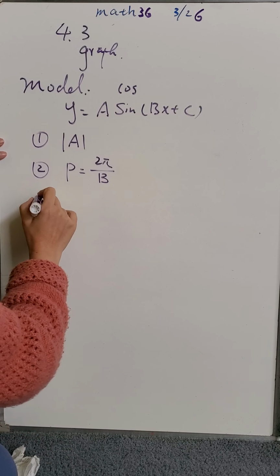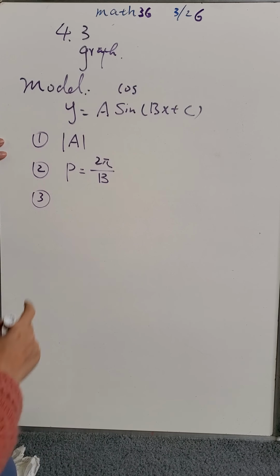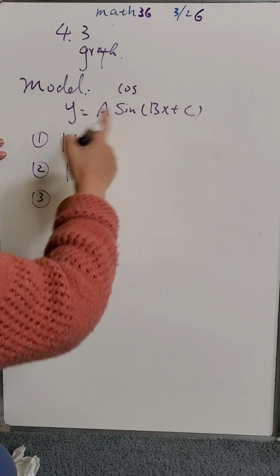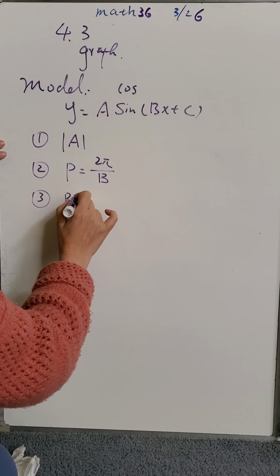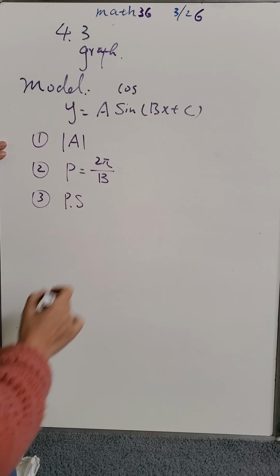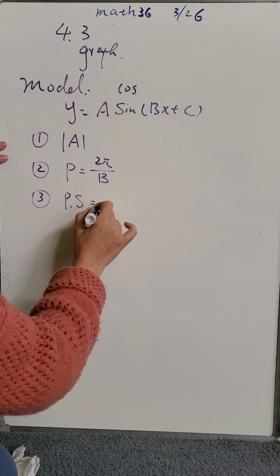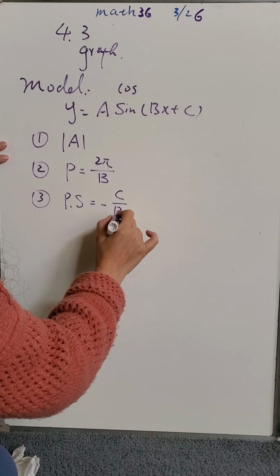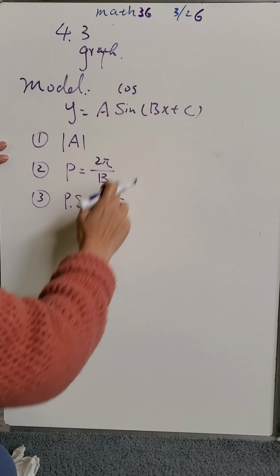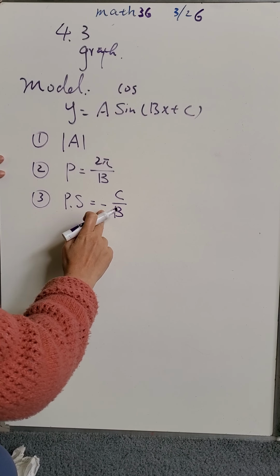And then number three, we need to find the phase shift. The phase shift is equal to negative c over b. C divided by b, but with a negative sign.